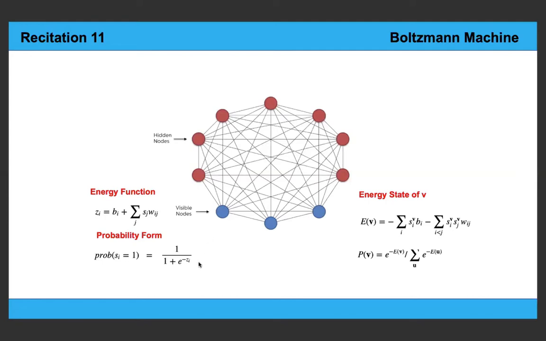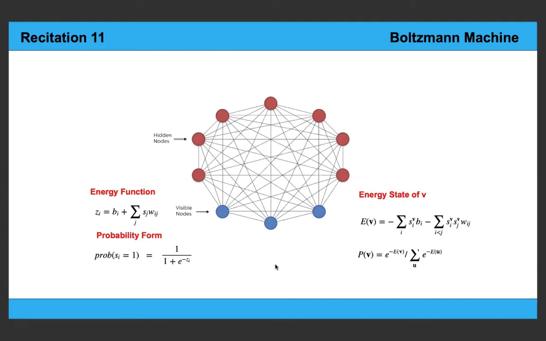Because the logistic function's range is between 0 and 1, we can interpret it as a probability distribution, which is the Bayesian distribution. The probability here means the probability of turning on node s_i.